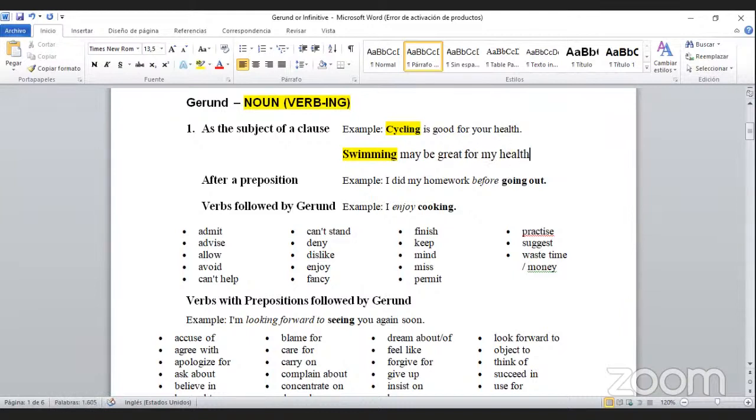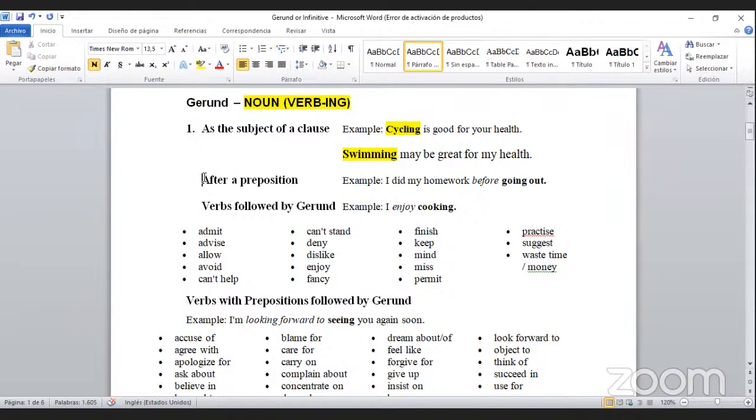So this is the first use of a gerund, when we are talking about the action, and the action always has to be in ing. We can use whatever verb we want. So this is the first.